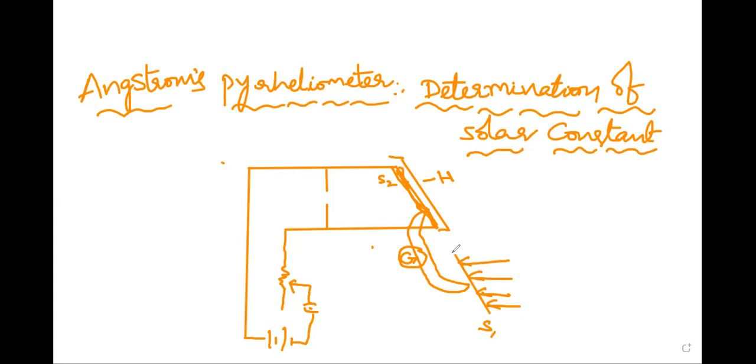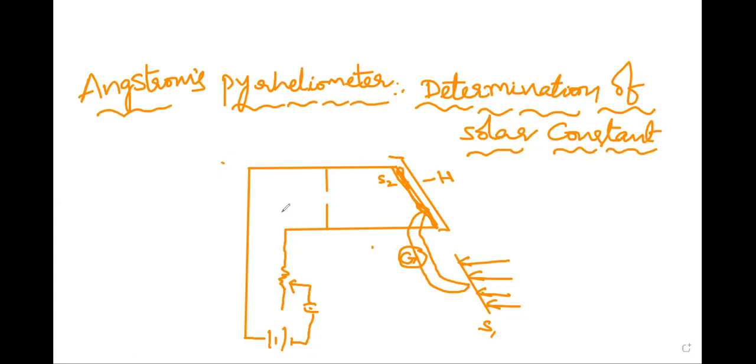S2 has no current flowing in its circuit, so the temperature of S1 is high because solar radiation is incident on S1. The temperature difference between S1 and S2 is large, so the galvanometer shows deflection.